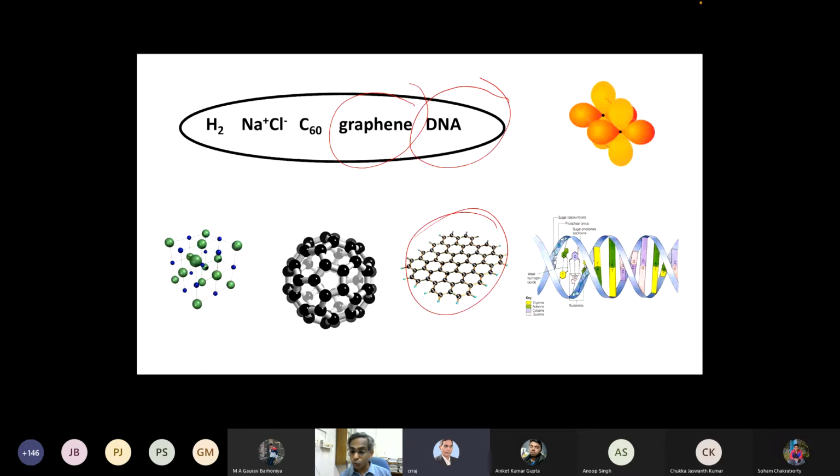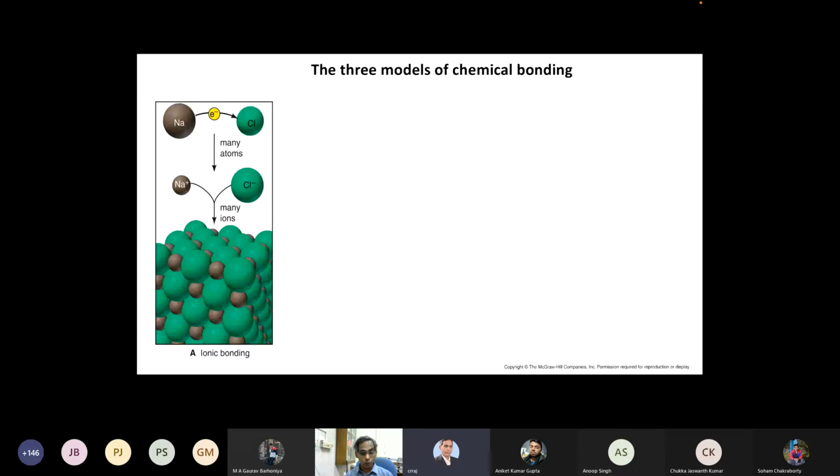So in all of that, one thing that matters is bonding. You have your sodium chloride, a C60, and your DNA structure. One thing is very common, and that is bonding. The nature of bonding controls the properties or the nature of the material that is generated.